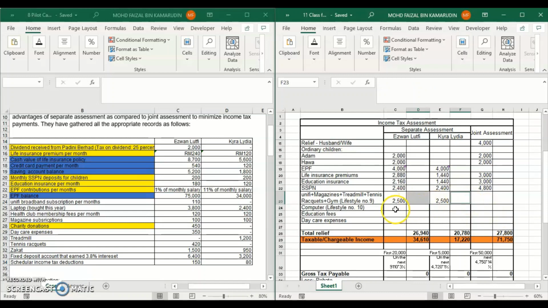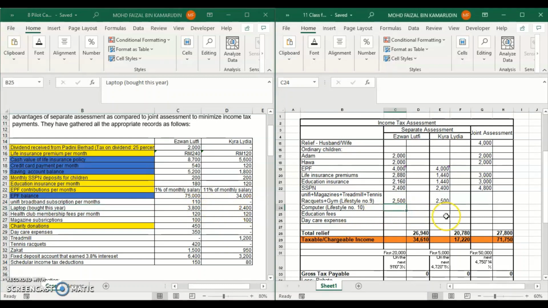Next, computer. This is due to COVID, lifestyle item number 10. You can claim if you bought a personal computer, smartphone or tablet for self, spouse or child, and not for business use. This one is for the 2020 year of assessment. So yes, they did buy a laptop, both parties here.